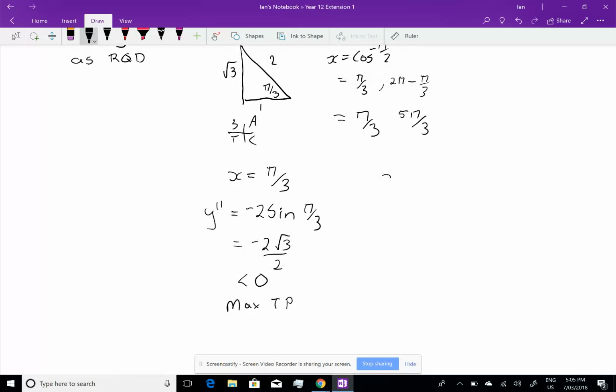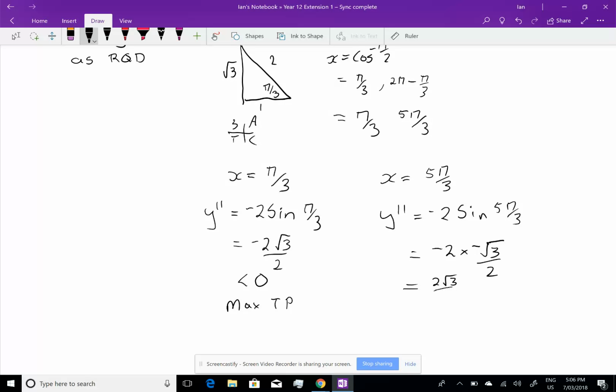Well, when x equals 5 pi on 3, y double dash equals minus 2 sine 5 pi on 3. Well, that's the same, but it's negative. So it's negative 2 times negative root 3 on 2, which is positive 2 root 3 on 2, which is greater than 0, therefore a minimum TP.